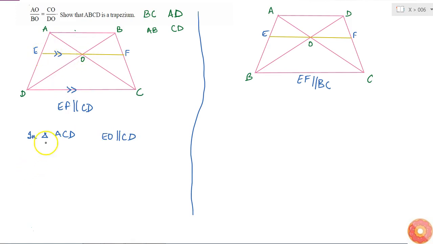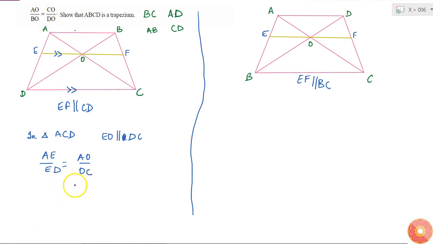So then what can I tell? In this triangle ACD, EO is parallel to DC. So a line parallel to one side of the triangle will divide the other two sides in the same ratio, right? So AE by ED is equal to AO by OC, right? Here, from this, what do I have?